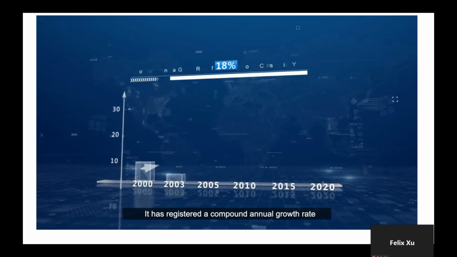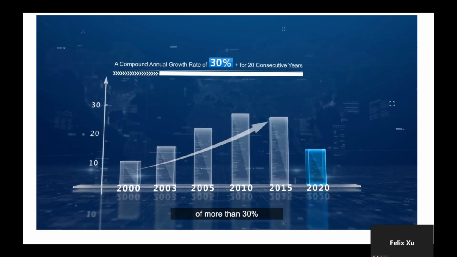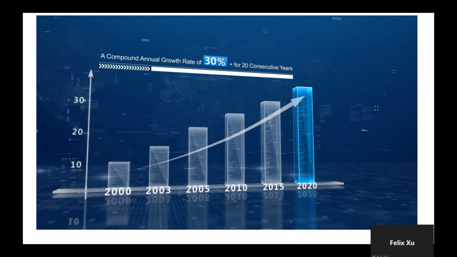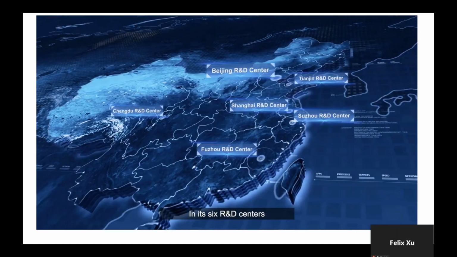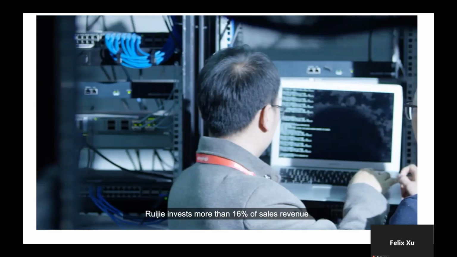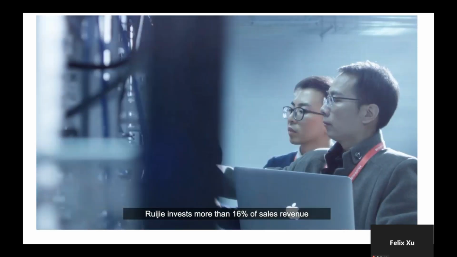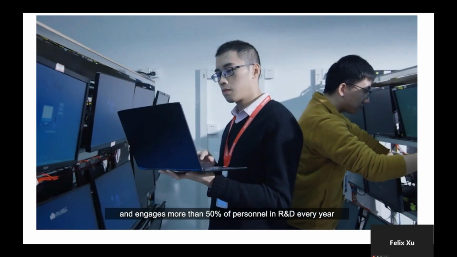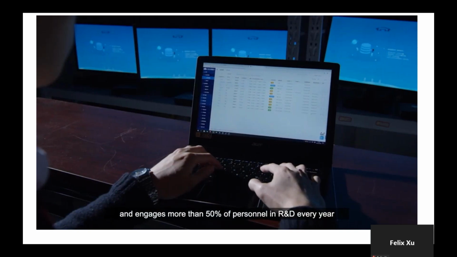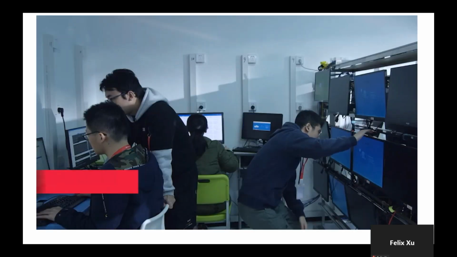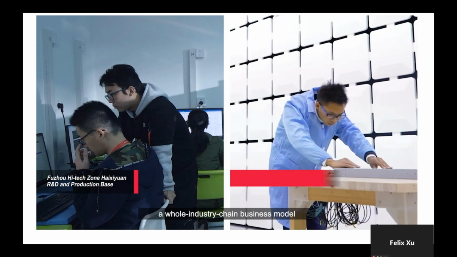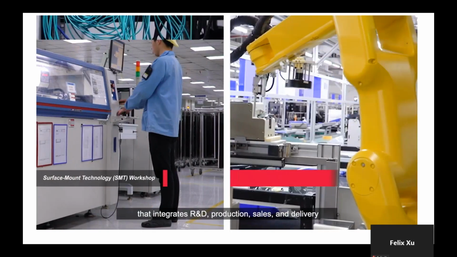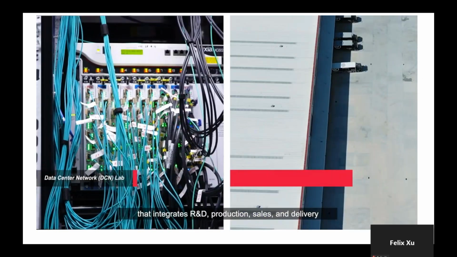It has registered a compound annual growth rate of more than 30%. In its 6 R&D centers, Ruijie invests more than 16% of sales revenue and engages more than 50% of personnel in R&D every year. The company has established a whole industry chain business model that integrates R&D, production, sales, and delivery.